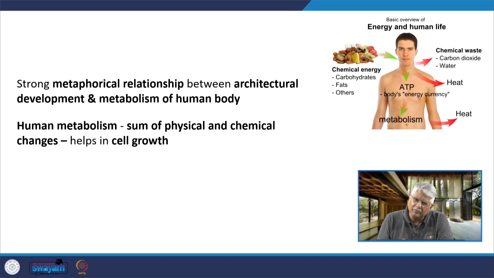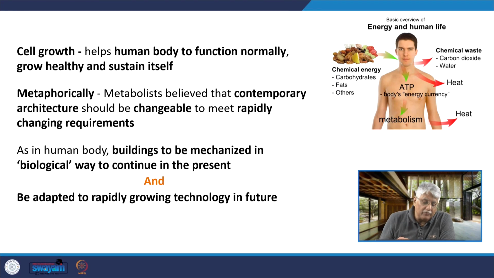Now, metabolism, as you know, is a human biological process, and their concept of metabolism bears a very strong metaphorical relationship with the metabolism in the human body. Human metabolism, which is the sum of physical and chemical changes taking place in our body, helps in cell growth. Cell growth helps the human body to function normally, to grow healthy and to sustain itself.